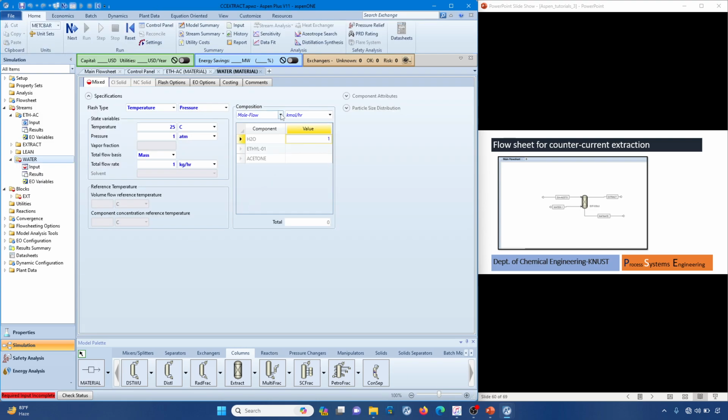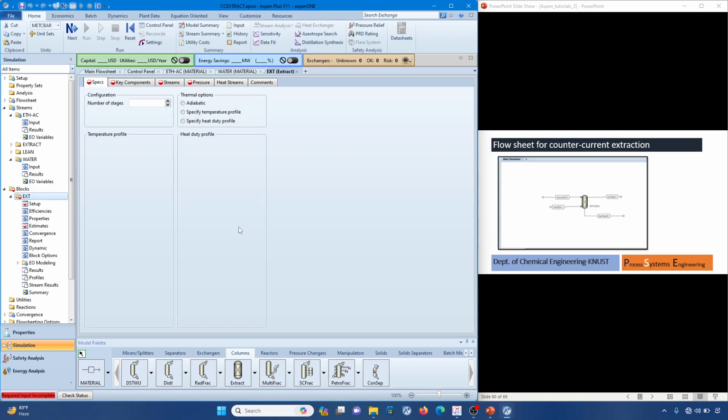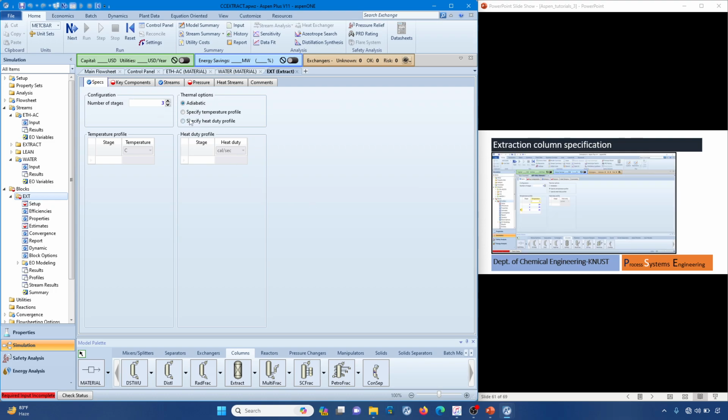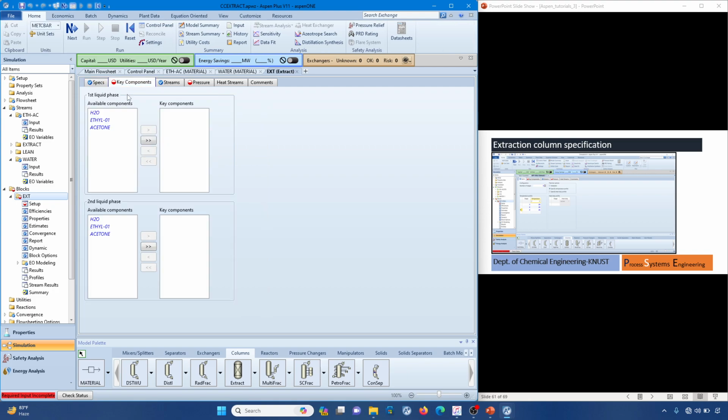Same things. And when it comes to the column specification, it's a number of stages. We're going to start with 3 stages. We want to maintain the same temperature throughout the operation. So we specify the stage temperatures. That should be it.